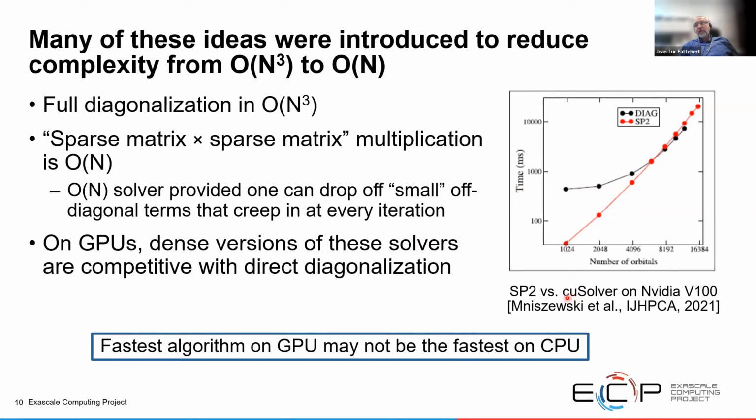This is a measurement we did on an NVIDIA V100 comparing the cuSolver to a simple SP2 iteration. And you can see the big gain you can get from using a matrix multiplication-based algorithm.